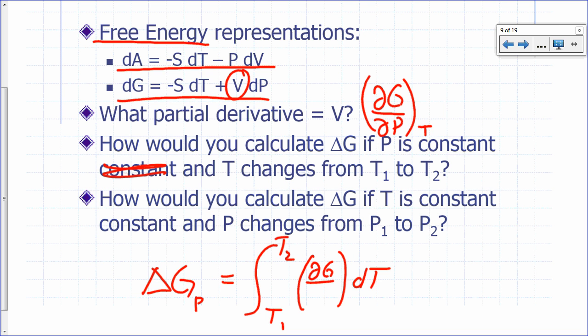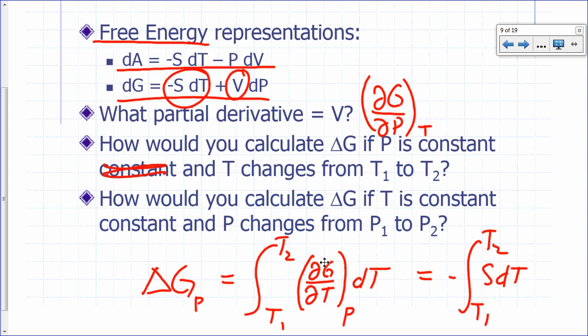Partial of G with respect to T, constant pressure, right? So what would that be? That's really just the integral of this one, right? It's negative S dT, integral of negative S dT from T1 to T2.